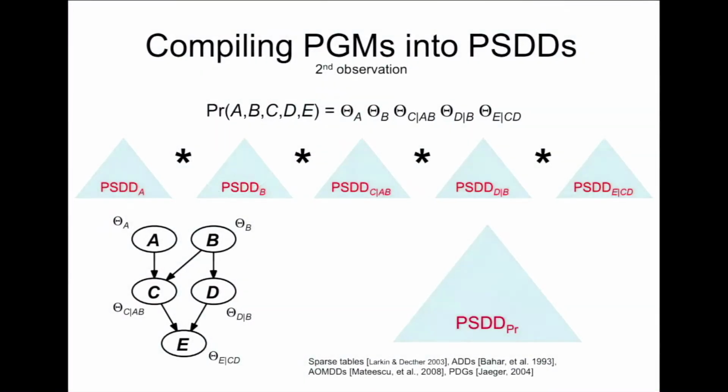That is, I give you a PSDD that represents one factor and a PSDD that represents another factor. We know what factor multiplication is, right? So I wanted to generate a PSDD that represents their product. Can you do that efficiently? And the key thing that you can do with these and you can do with the others is multiplication can be done actually in quadratic time. So here's the theorem.